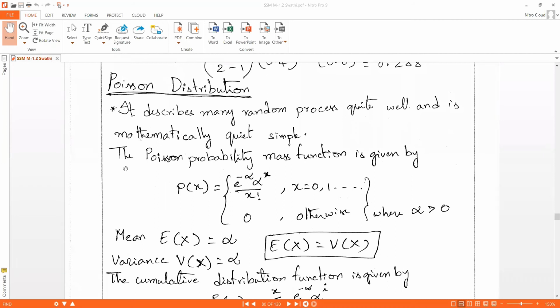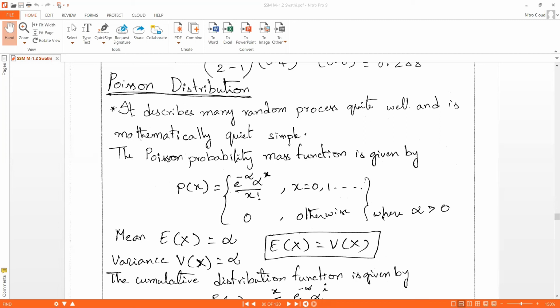Here the Poisson probability mass function is P of x equal to e power minus alpha into alpha power x divided by x factorial, where x equal to 0, 1, up to infinity.